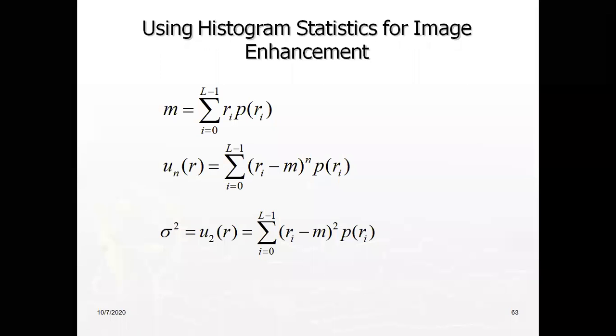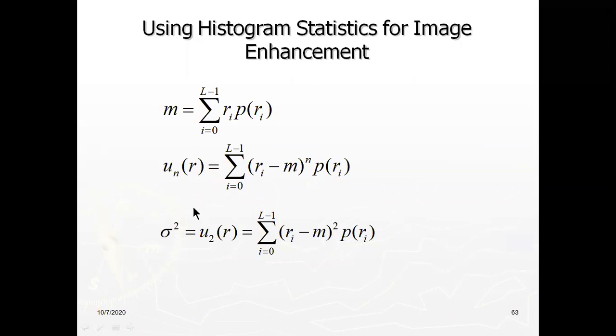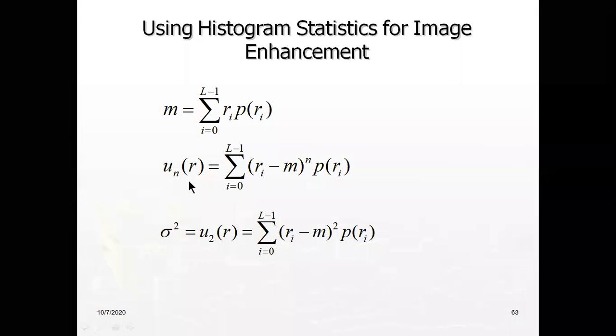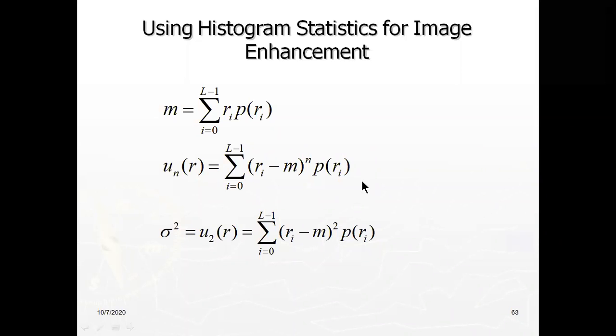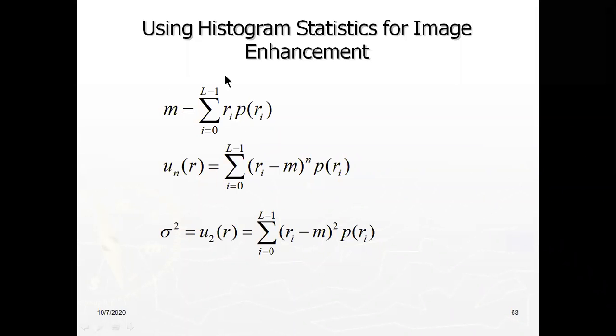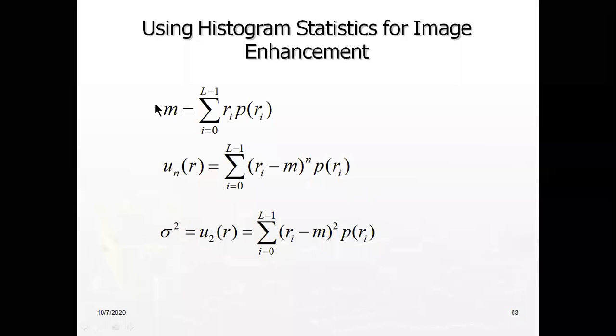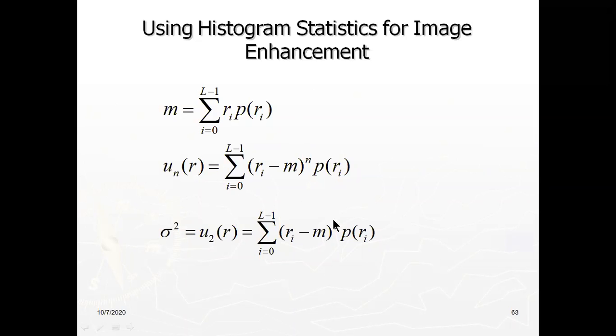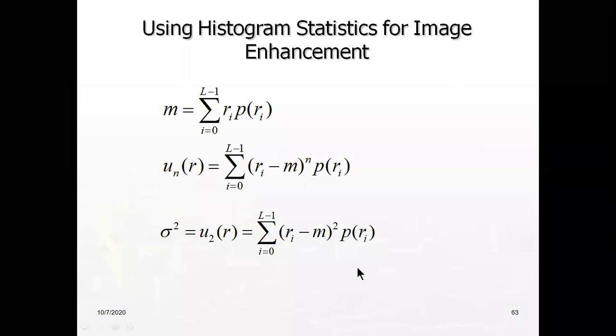So for that, we try to write formulas like this. m is equal to sigma r_i p(r_i), and mu_n will be equal to this, the nth moment. This gives you the average, which is the expectation, and this is the nth moment, and this is the variance of the value.